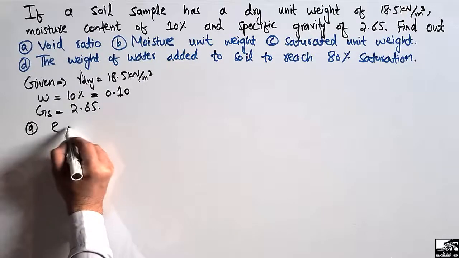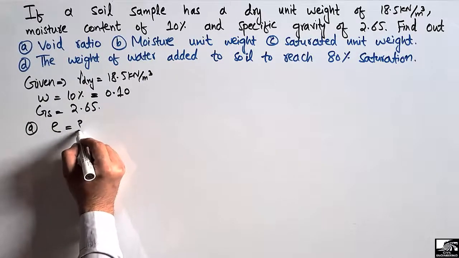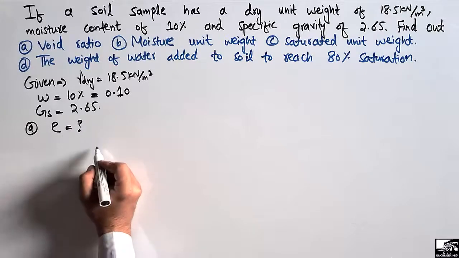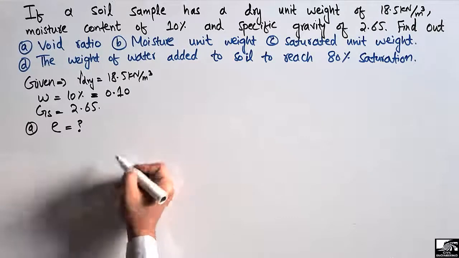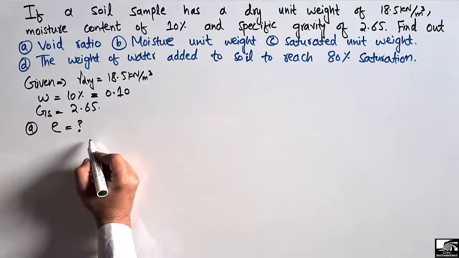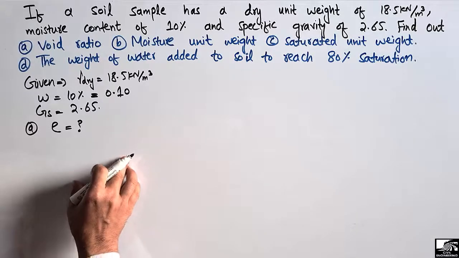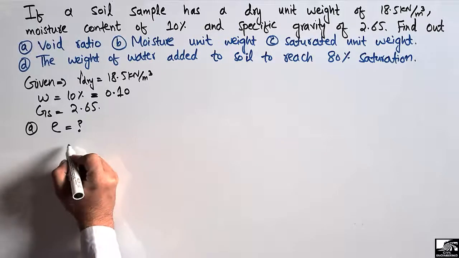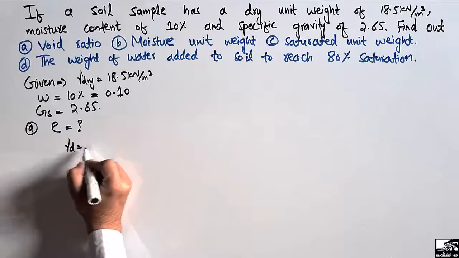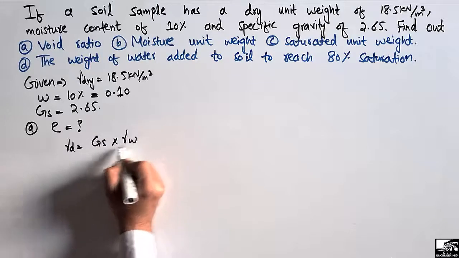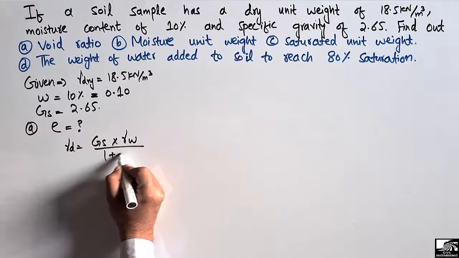So void ratio is represented by small e. It is unknown to us. To find out the void ratio, we have to use an equation. The equation we use is: dry unit weight is equal to Gs into gamma W divided by 1 plus e.